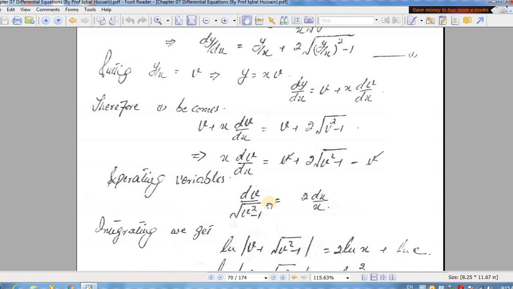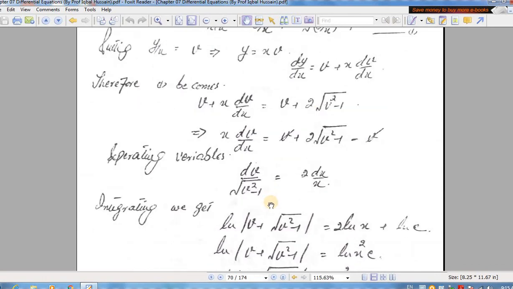Now making simplification, this v and this v will be cancelled. Now separating the variables, this dv will be here and this will be shifted here, and x over dx will become dx divided by x, and this 2 is here.